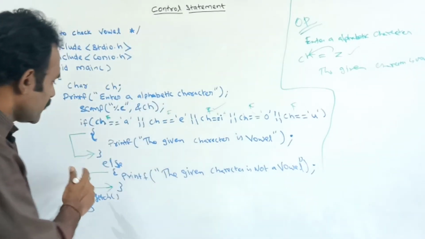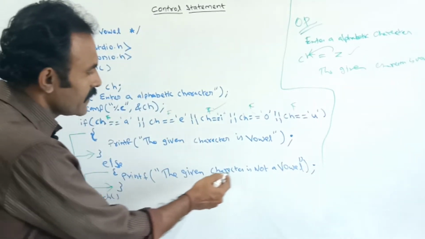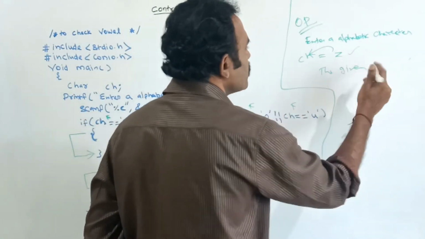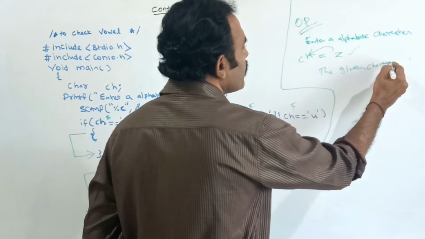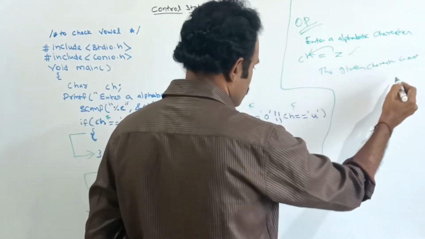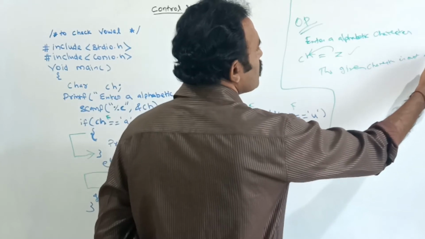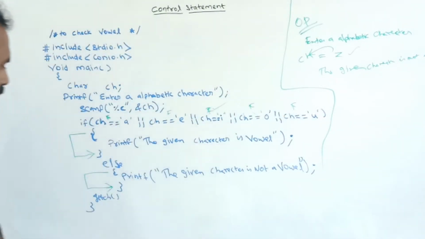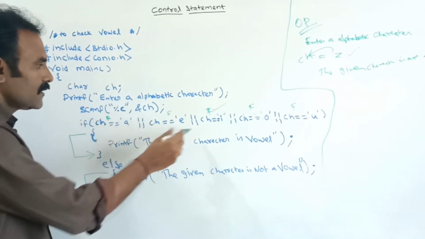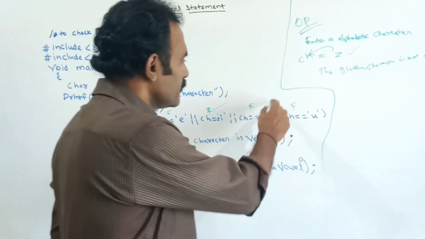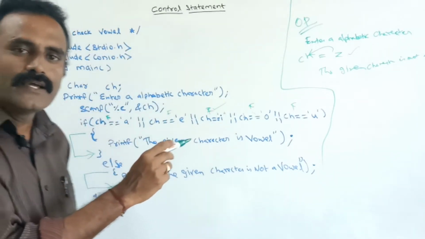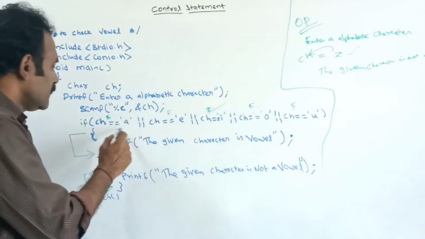In the else part, I am telling the given character is not a vowel, so it will print like this, the given character is not a vowel. This message will be displayed. So in this way the logical operator, that is the OR operator, is used. Two or more conditions can be checked by using logical operators in this way.